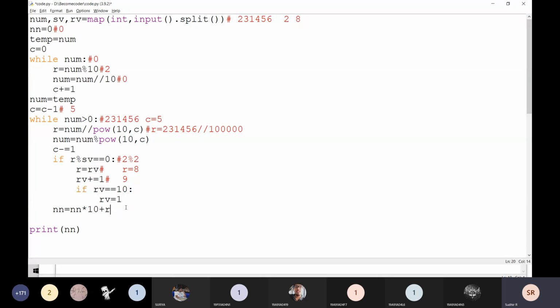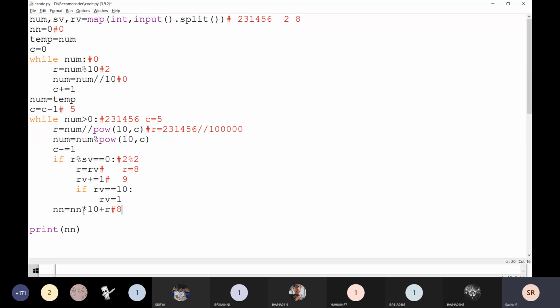And moving into this one. And here, what is the value now? What is the r value now? The r value is going to be 8. 8 into 10. Then 8 into 10 plus. Oh, no. 0 into 10, that is going to be 0 plus 8.